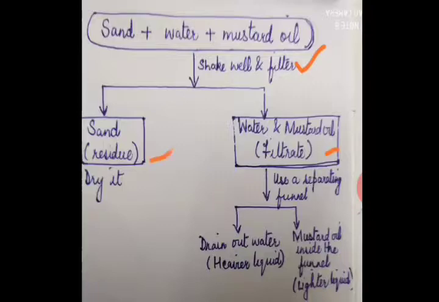So sand is the residue and water and mustard oil are the filtrate. It is a heterogeneous mixture of two immiscible liquids. Then we use the separating funnel technique to separate them, and we have the heavier liquid, that is water. We drain it out, and the mustard oil is the lighter one, and we can collect it later in another container. Is it clear? So I have completed the questions and answers.